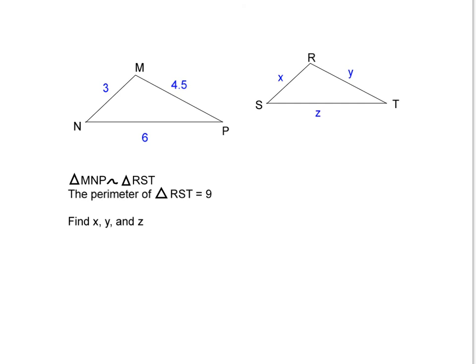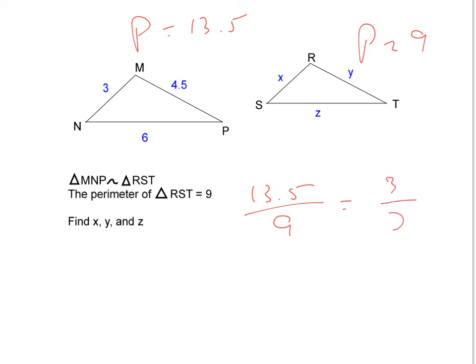Okay, so in this problem right here, we have triangle MNP is similar to triangle RST, and we know that the perimeter of RST is equal to 9. Okay, we can just add up the perimeter of MNP and find the perimeter of that one is 13.5, which means now we know that the ratios of their sides is going to be 13.5 to 9, which can be reduced, doing a little bit of math, 3 to 2.